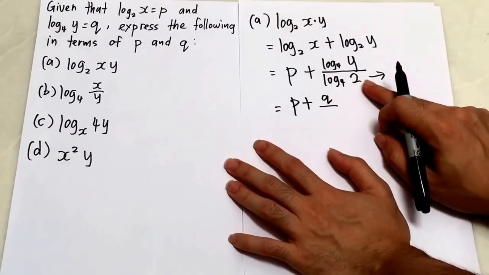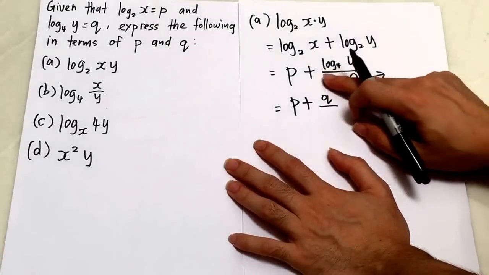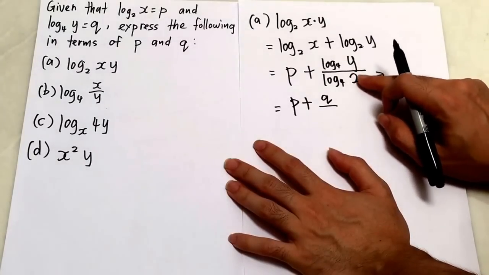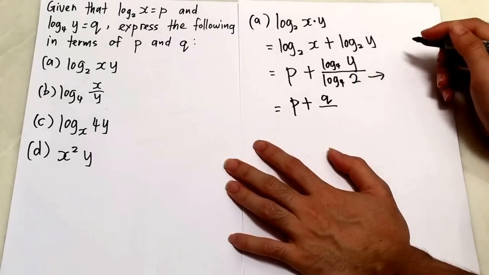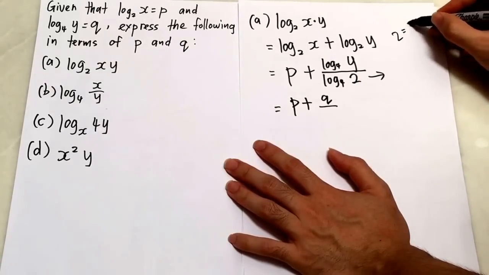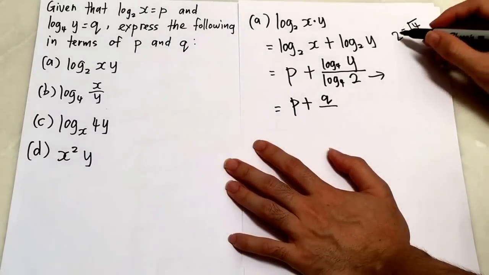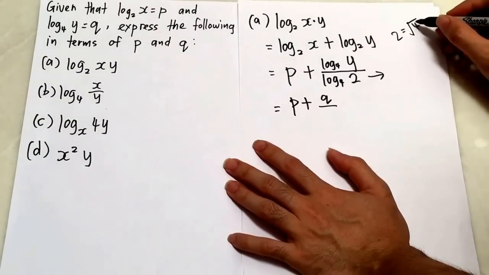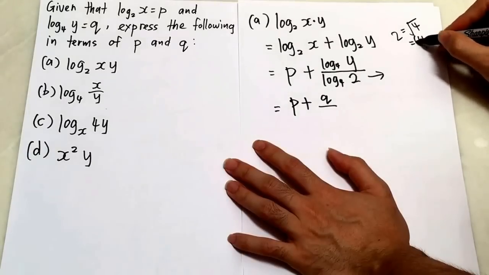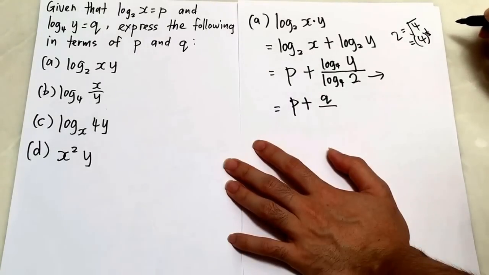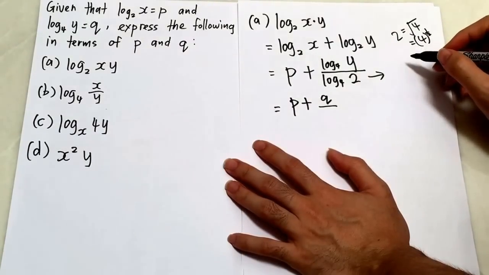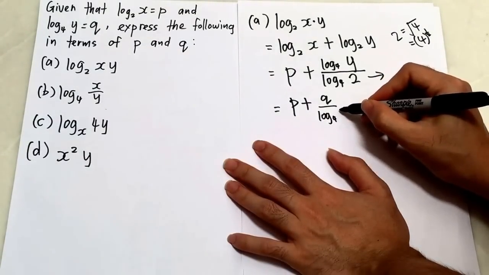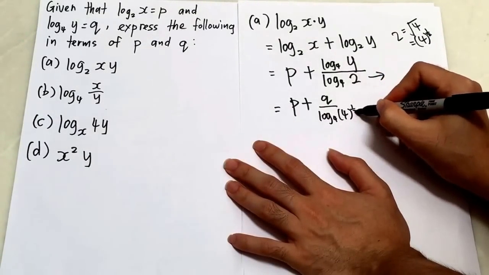Log 4 of 2. You either change base again to base 2 over base 2, or if you understand, 2 actually equals the square root of 4. 2 equals the square root of 4, isn't it? So I can change the 2 into the square root of 4. However, I also know the square root of 4 equals 4 to the power of half. So I will do something like this. I say this one is log 4 of 4 to the power of half.